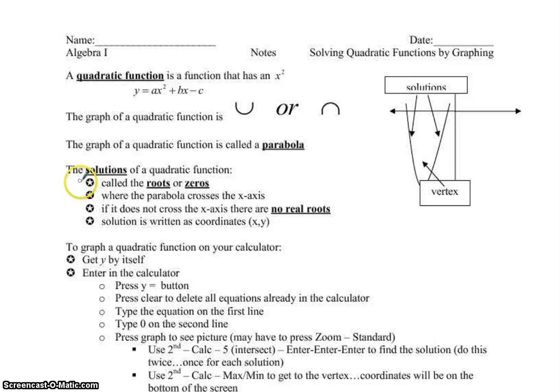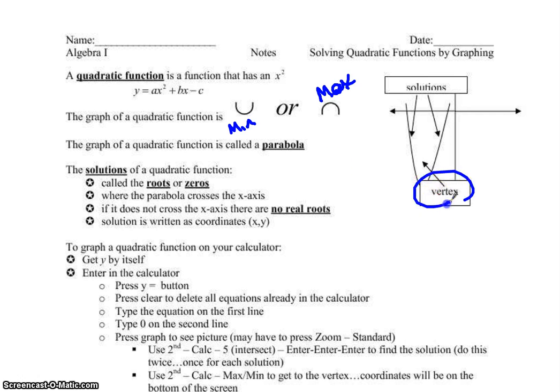So a reminder, a quadratic function is a function that has an x squared. If there is an x squared anywhere in there, it's quadratic. When you look at the graph, it's called a parabola, and it can open up or it can open down. We talked about the fact that when it opens up, it has a minimum, and when it opens down, it has a maximum point.